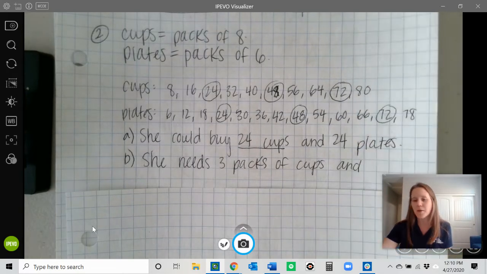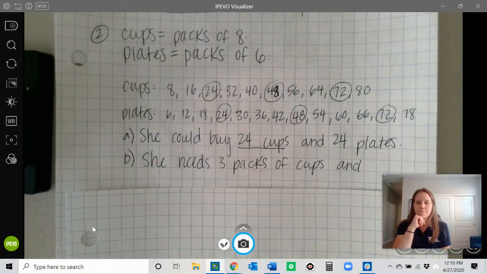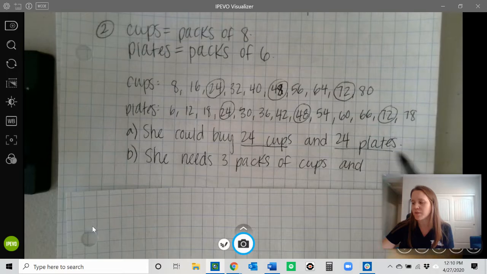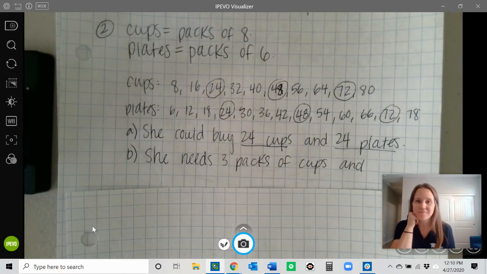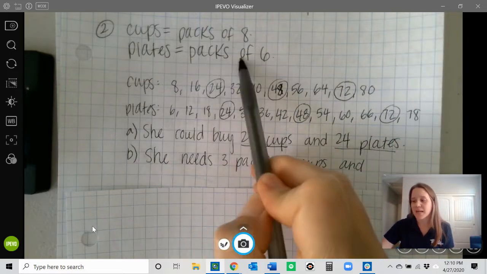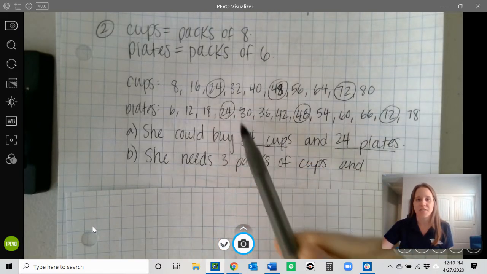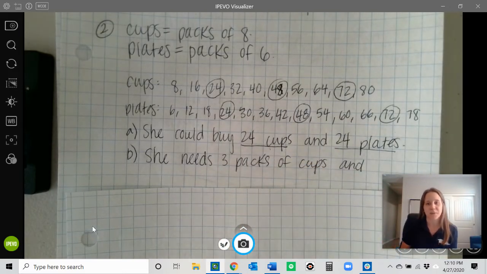And let's think about plates now. Do you think it's more than 3 packs or less than 3 packs for plates to get to a total of 24? Remember that plates come in packs of 6. Do you think she'll need more than 3 packs or less than 3 packs?